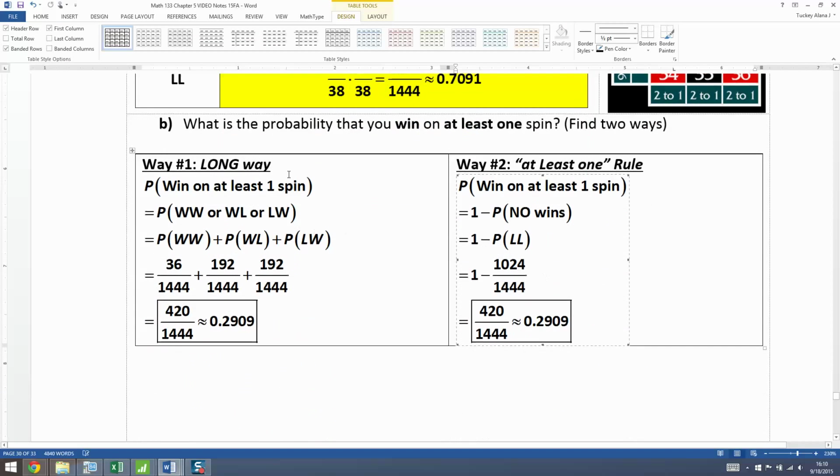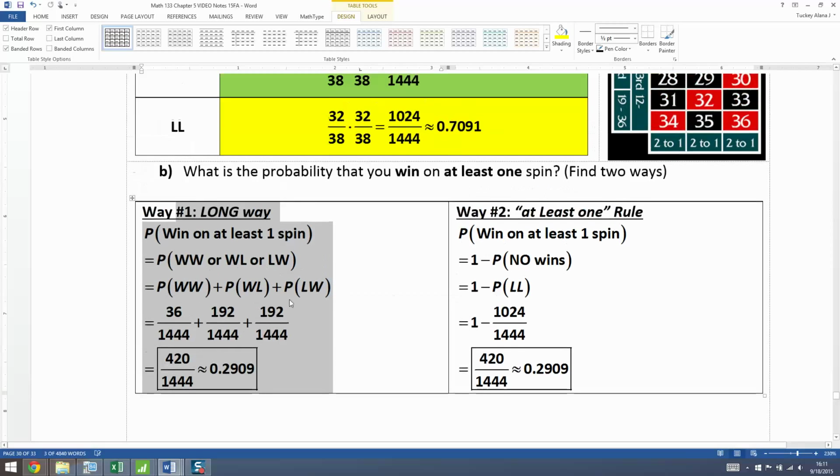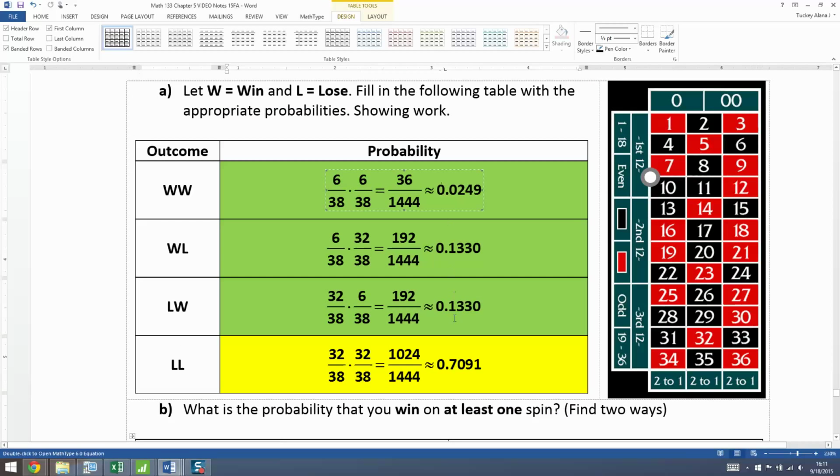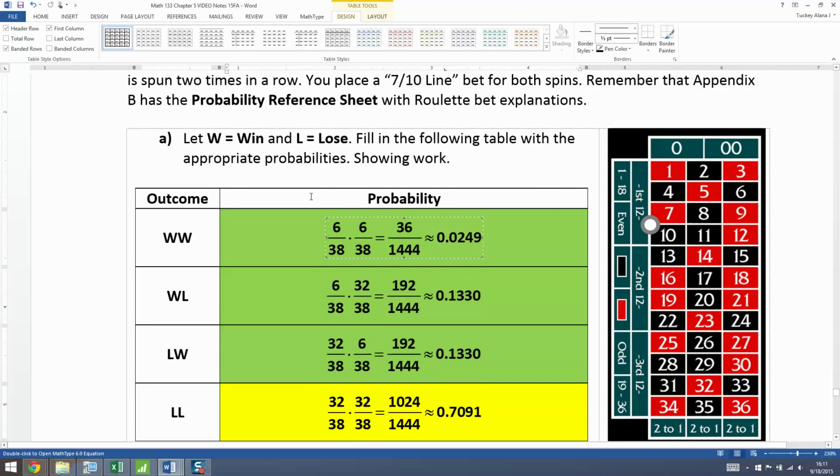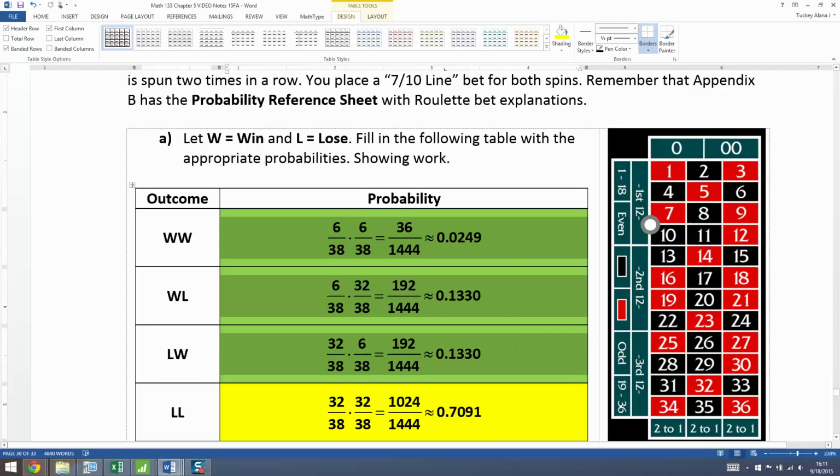Now, you might be thinking, well, they seem like they have the same difficulty level. Not really. To find it this way over on the left, you needed to find 3 separate probabilities and add them up. For something as simple as this, where there's only 3 probabilities, fine. But what if you were going to let it ride on 7 and 10 for 10 spins of the wheel? For 20 spins of the wheel? Then all of a sudden this other way doesn't look so great.